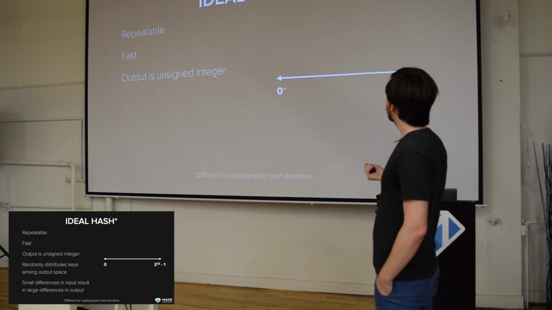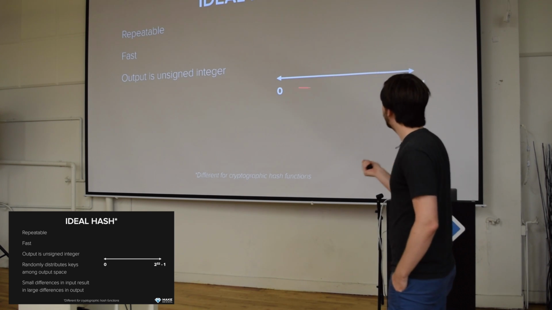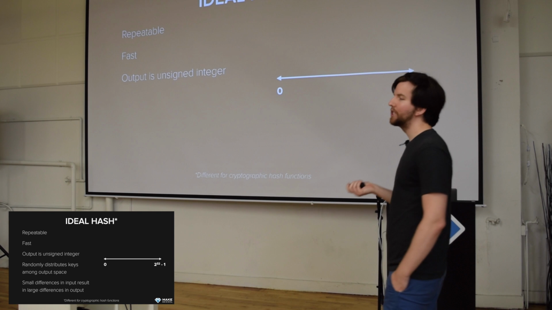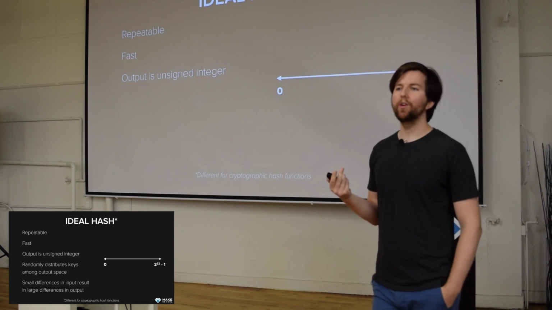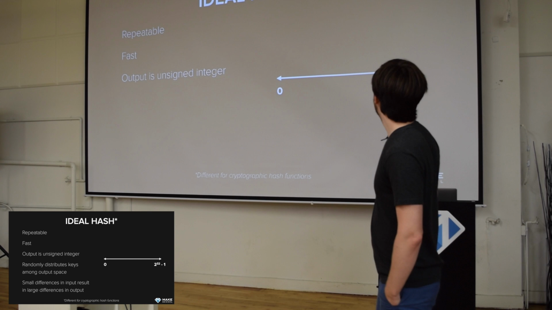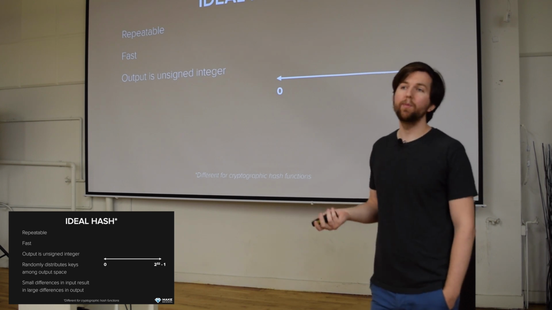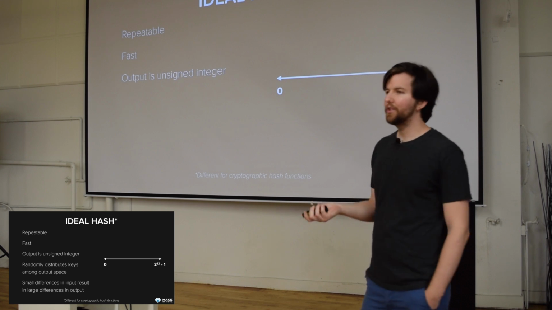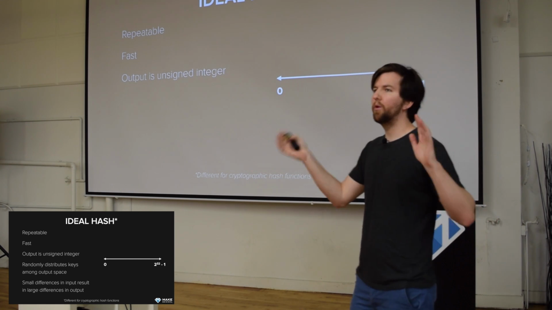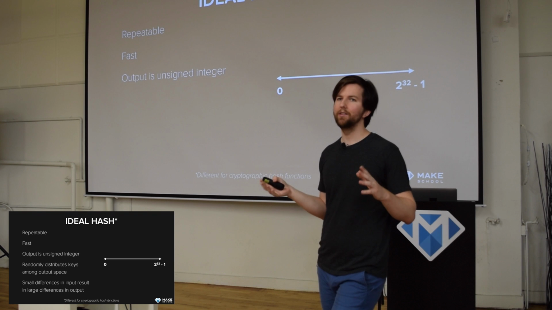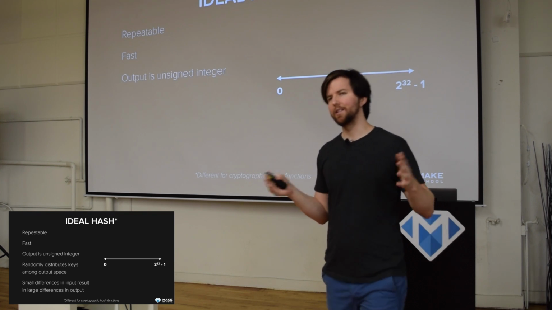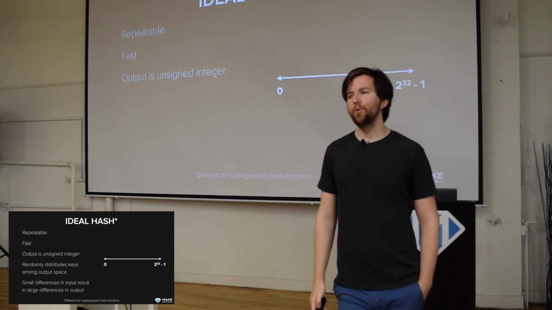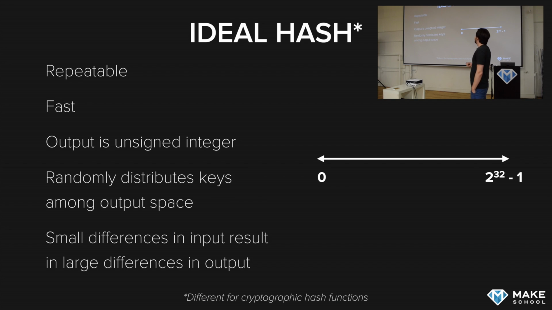It all gets mapped to an output number on this number line. So your hash will result in a number anywhere between 0 and, in the case of a 32-bit unsigned integer, 2 to the 32 minus 1. That's a possible range of about 4,192,768, something like that. So the ideal hash function randomly distributes keys among the output space.